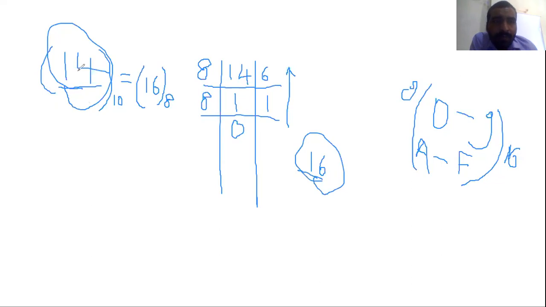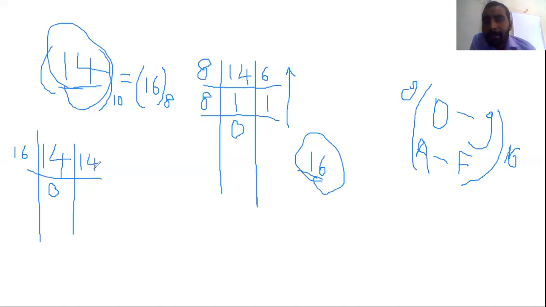Now if you want to convert 14 into base 16, what will you do? You have to divide 14 by 16 and write down the remainder on the right side. So 14 divided by 16, 0 times 16 is 0. What is the remainder? 14. 14 itself is the remainder.